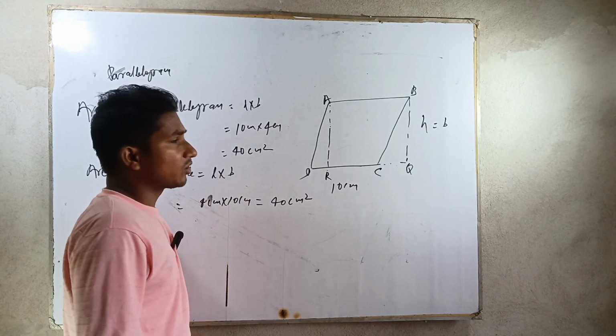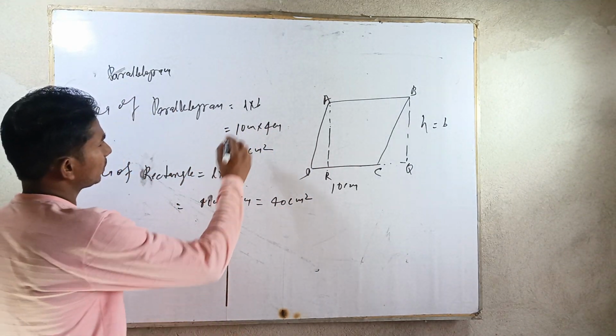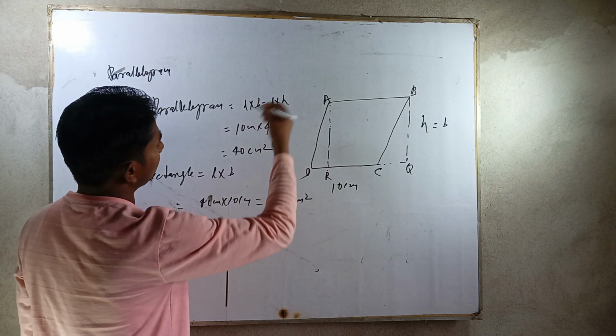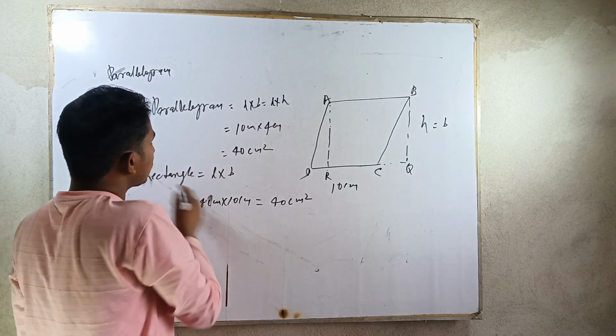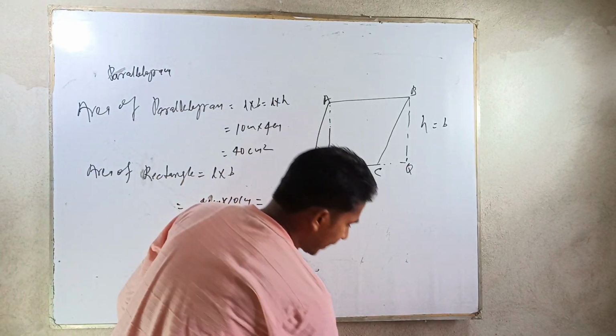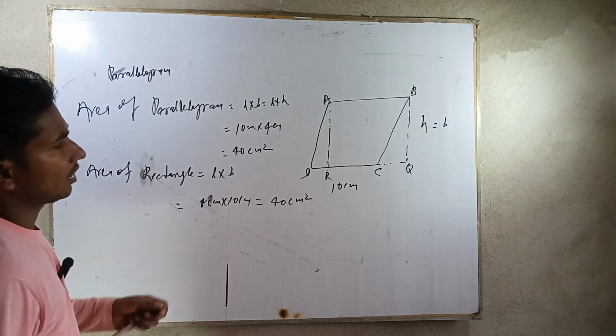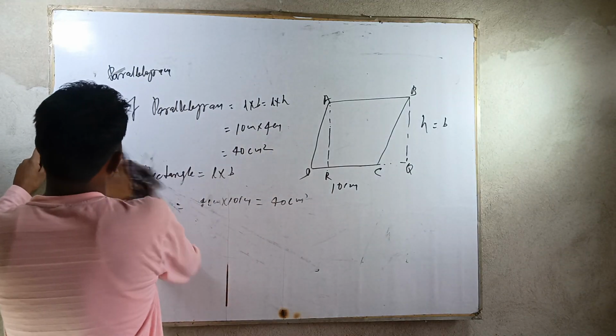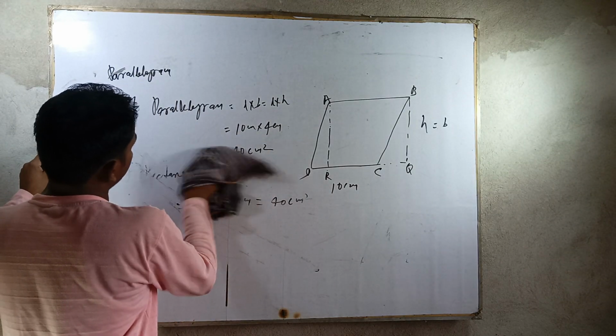So I don't think I need to know more. It is also L into H, or B into H. The same process is used. Next, I will discuss the triangle, how a triangle is formed.